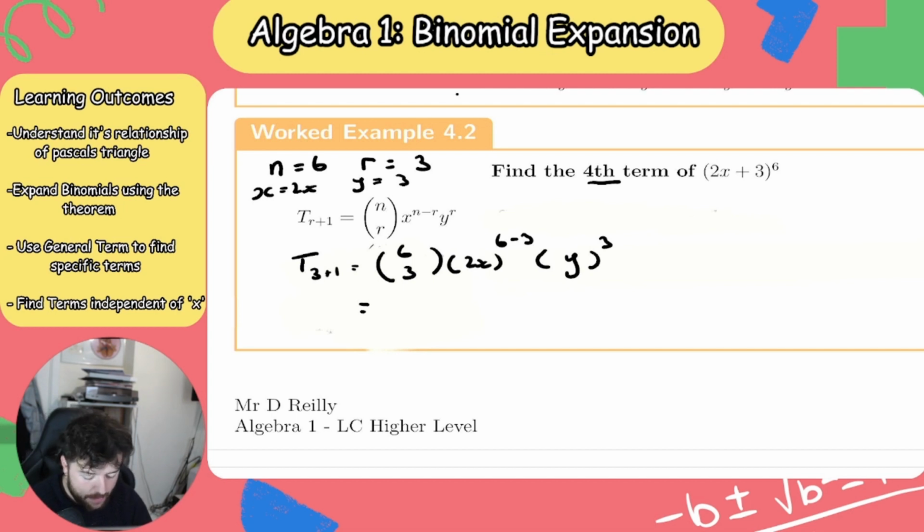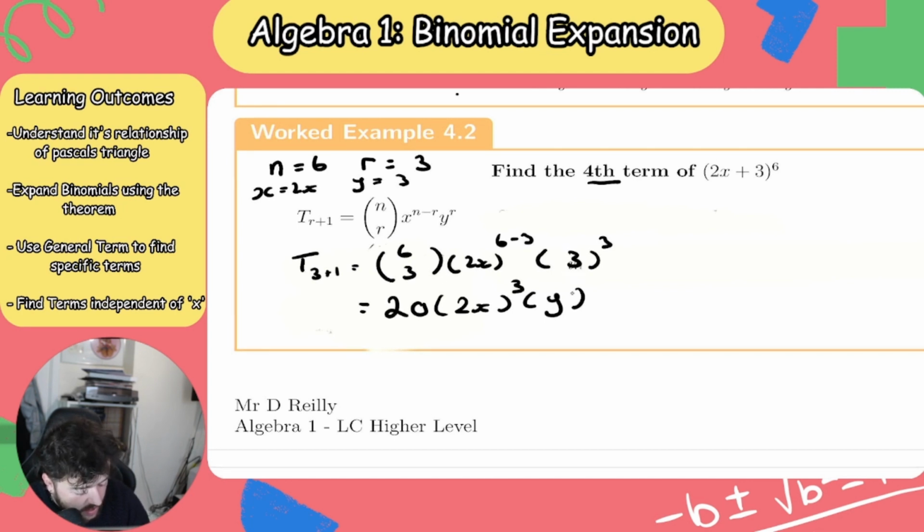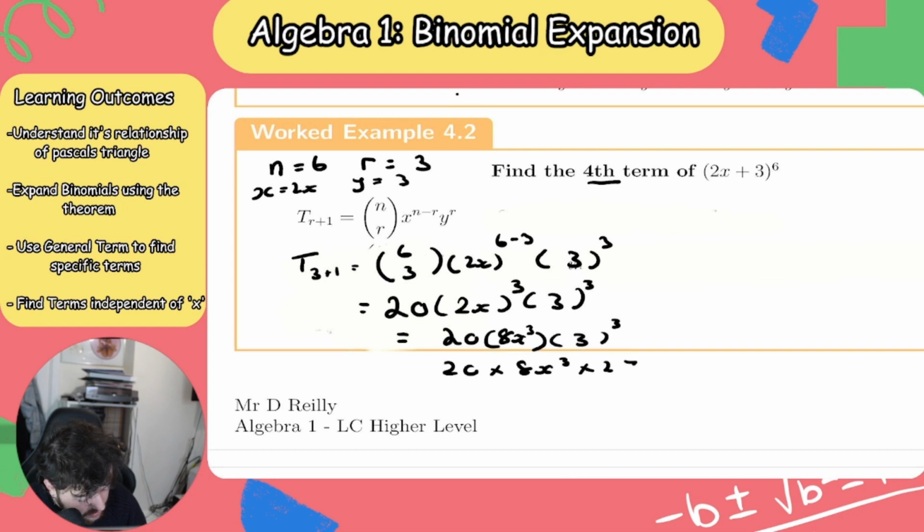Right, 6 choose 3 is going to give me 20. This is going to be (2x) to the power of 3, and then y. Oh, y in this case is 3. I made a mistake again. y is equal to 3. So I have 20 times (2x) cubed, which is 8x cubed, times 3 to the power of 3. 20 times 8x cubed times 27.